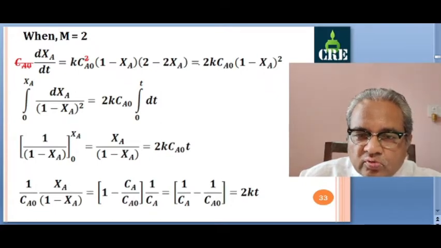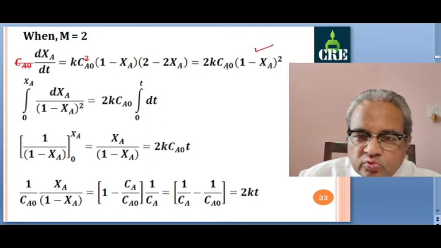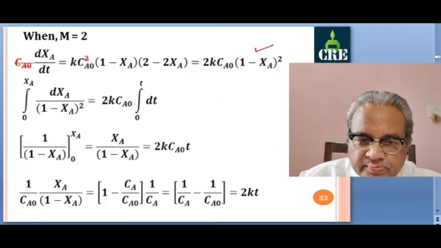Taking the 2 outside the bracket, we have 2k Ca0 and (1 minus xa) into (1 minus xa) is (1 minus xa) whole square. Separate the variables. The integral of dt from 0 to t is t, so 2k Ca0 t on the right-hand side, and on this side dxa by (1 minus xa) square.